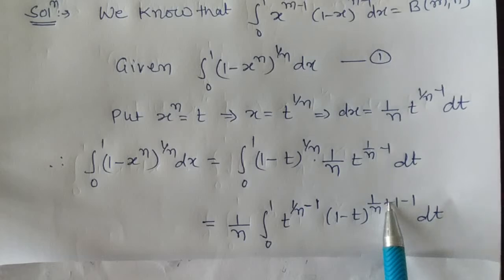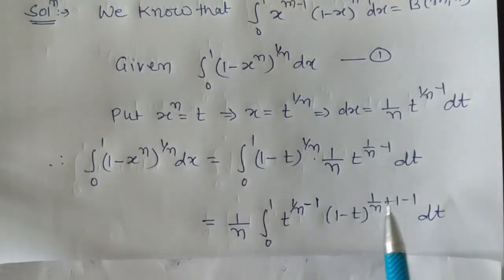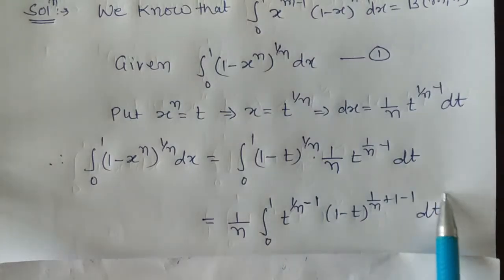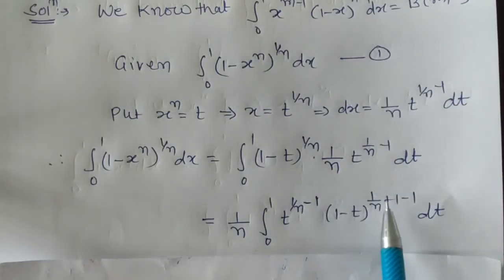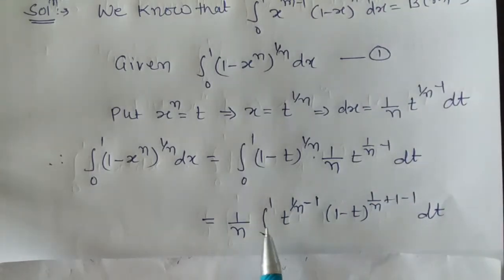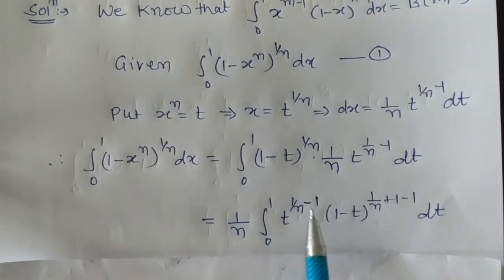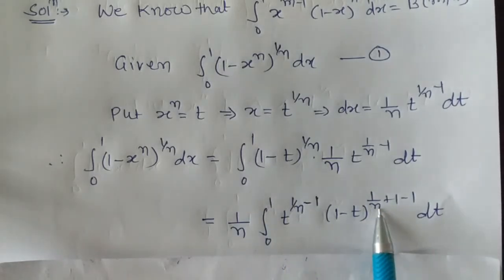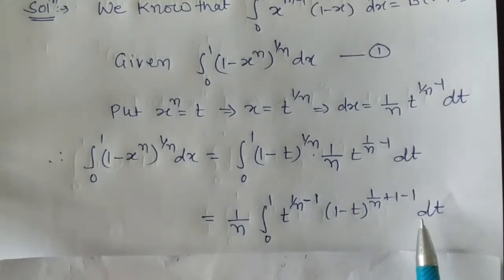Here we add and subtract 1, so we have 1/n plus 1 minus 1. Now this integral from 0 to 1 of t^(1/n minus 1) into (1 minus t)^(1/n plus 1 minus 1) is of the form integral from 0 to 1 of x^(m-1) into (1 minus x)^(n-1) dx, that is beta(m, n).